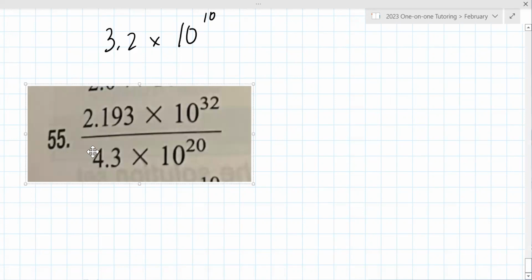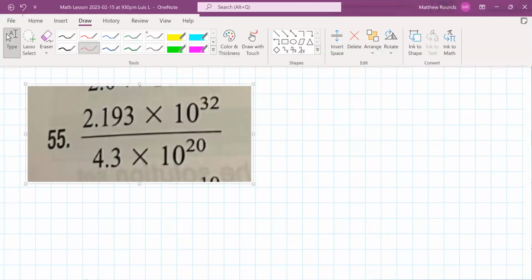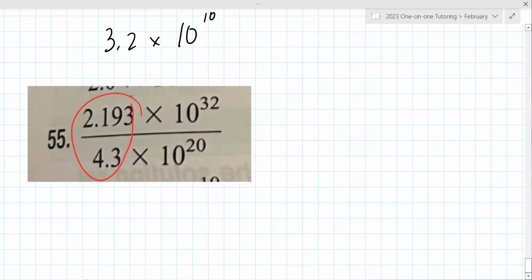So this first one here, 2.193 divided by 4.3, I don't know what that is. I'd have to go to the calculator and figure that out. So it's still the same steps though. If you've got a calculator handy, please divide those and tell me what you come up with.